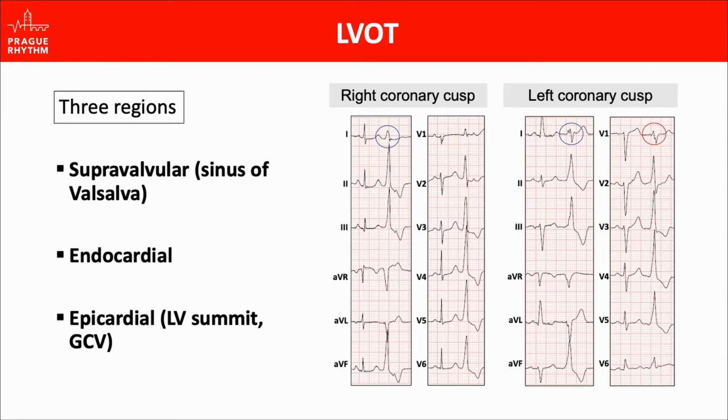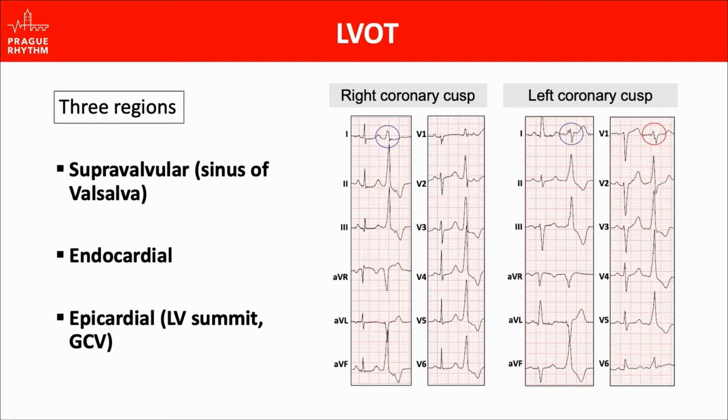Endocardial LVOT arrhythmias originate from the area below the aortic valve, or from close proximity to the aortomitral continuity. And finally, epicardial origin, which is the most challenging, is represented by the LV summit and the area of the great cardiac vein.